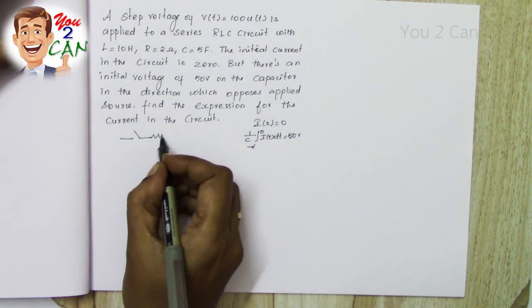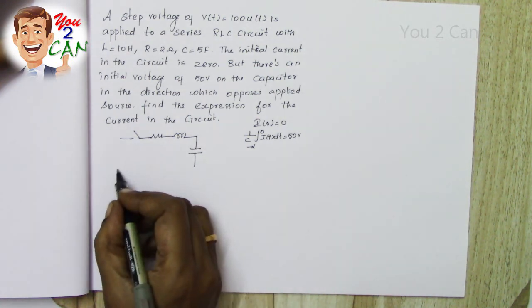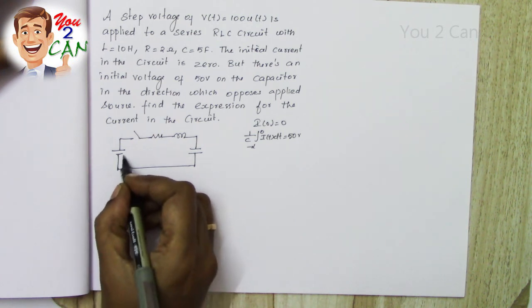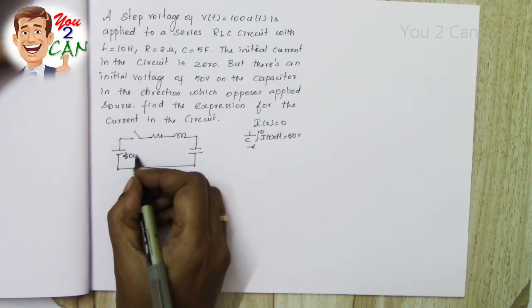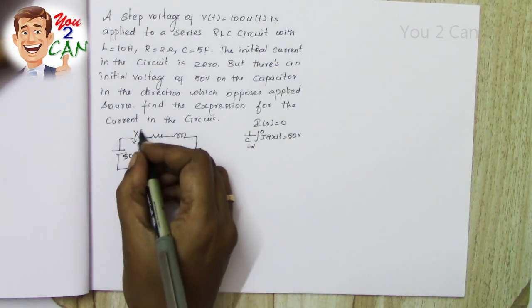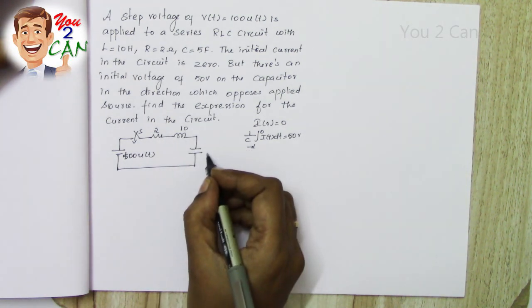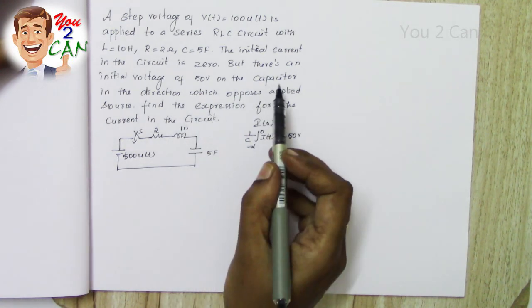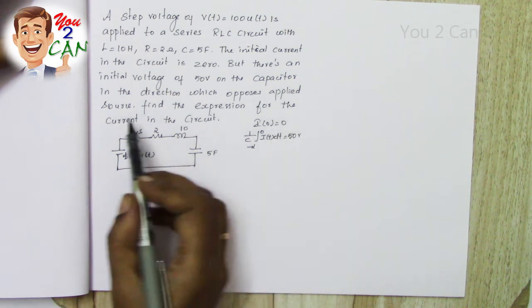You have to draw the circuit for this problem because it is mentioned that the voltage opposes the supply voltage. So we have to draw the circuit and then note the direction of polarity of the voltage. Okay, so resistance 2 ohm, inductor 10 Henry, capacitance 5 farad, and it is said that there is an initial voltage of 50 volt on the capacitor in the direction which opposes the applied source.